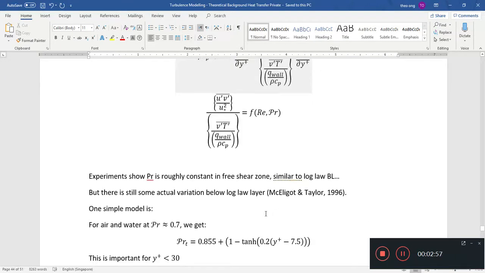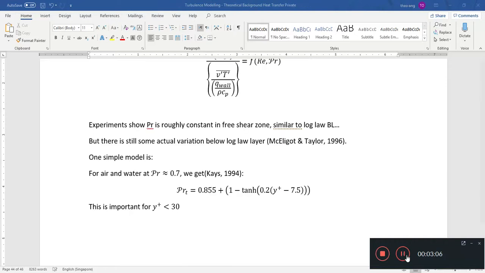So experiments show that the Prandtl number is roughly constant inside the free shear zone. I'll just put this citation here to tell you where I got this data from. But anyway, the Prandtl number is roughly constant in the free shear zone, similar in value to the log-law boundary layer. But there's some actual variation below the log-law layer, from this paper.